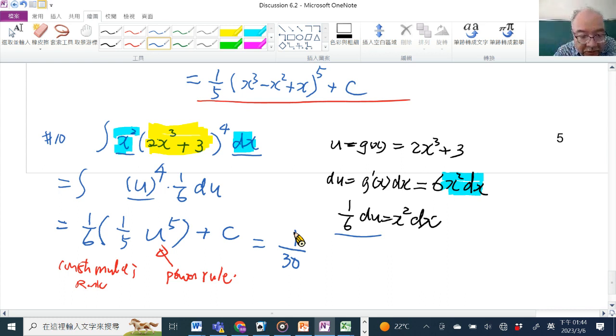So 1 over 30 and 2x to the power 3 plus 3, to the power of 5, plus a constant c. Okay, so slightly different from direct substitution. We have to modify a little bit in order to make sure that the substitution is done precisely. Okay, and this is number 10.